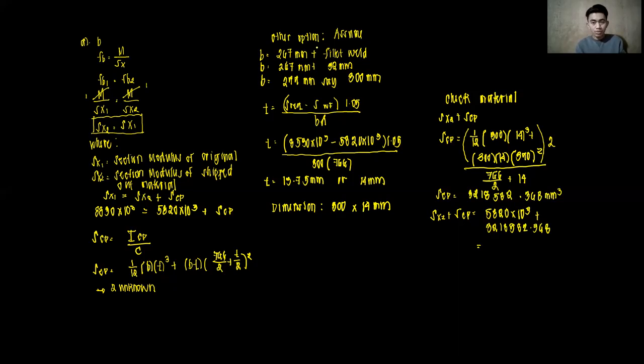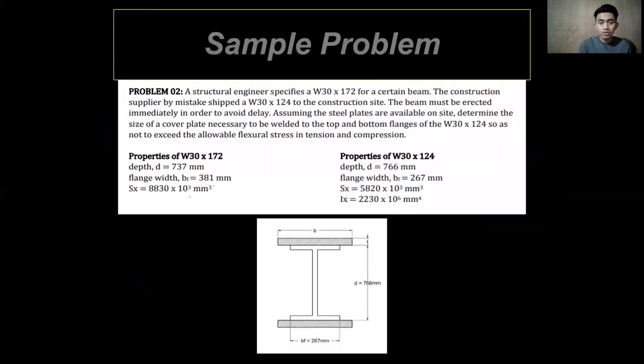So ayan, so kung i-continue natin dito, so I will have there 5820 times 10 raised to 3, which was the section modulus of this one. Ito, 5820 times 10 raised to 3. Yan yung section modulus niya.